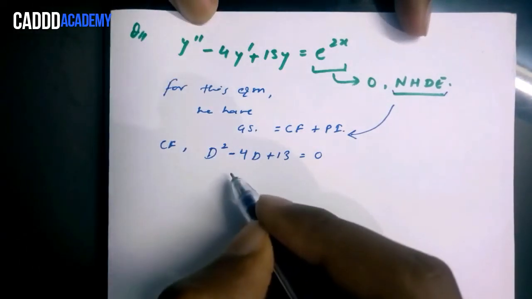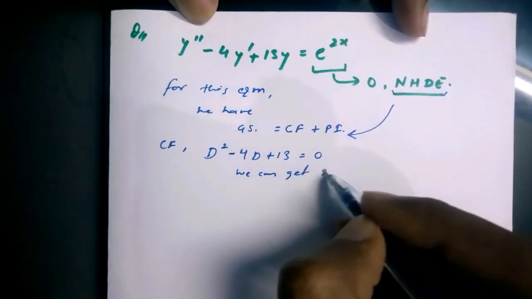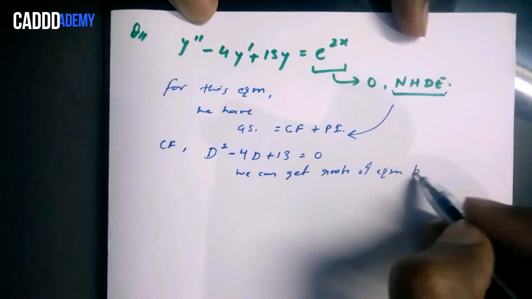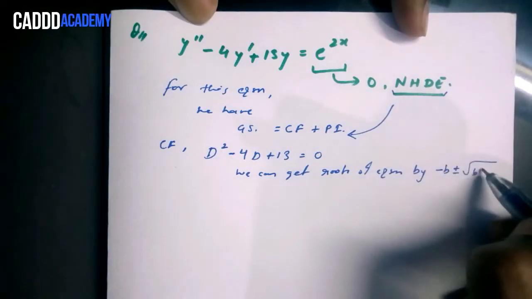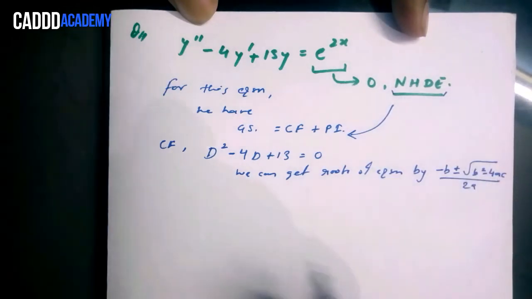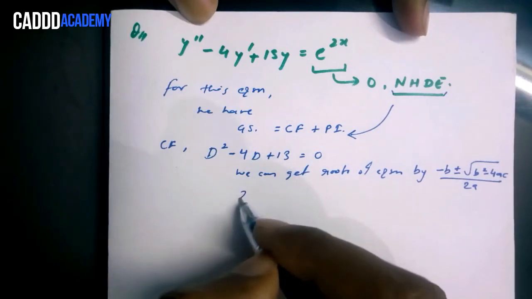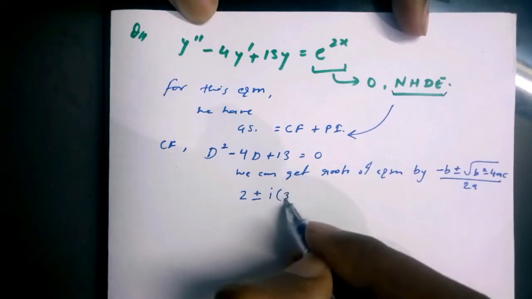We can get the roots of this equation by minus b plus minus square root of b squared minus 4ac, over 2a. By using this formula you can get the roots of the equation, which are 2 plus minus i times 3.